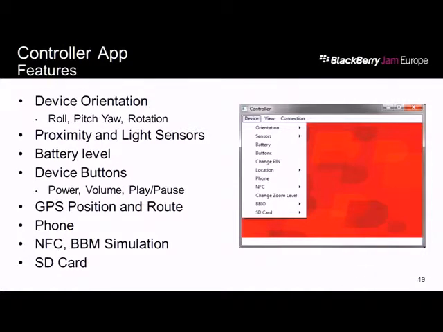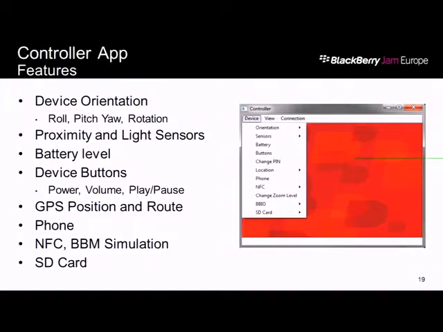I mentioned the phone one, so being able to simulate a phone call into this simulator. NFC and BBM simulation: with NFC you can create virtual tags and have multiple simulators pass that data back and forth, or just have a tag reading into one simulator. The BBM simulation, I think within the gold release, there's a BBM server simulation that's included within the simulator as well.